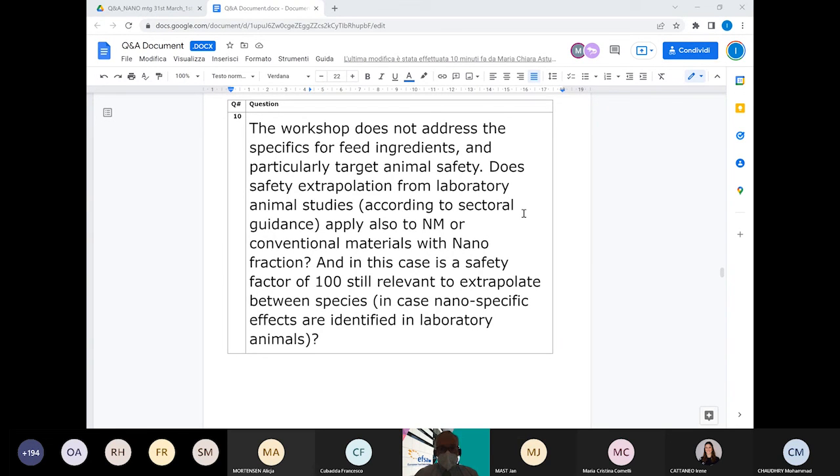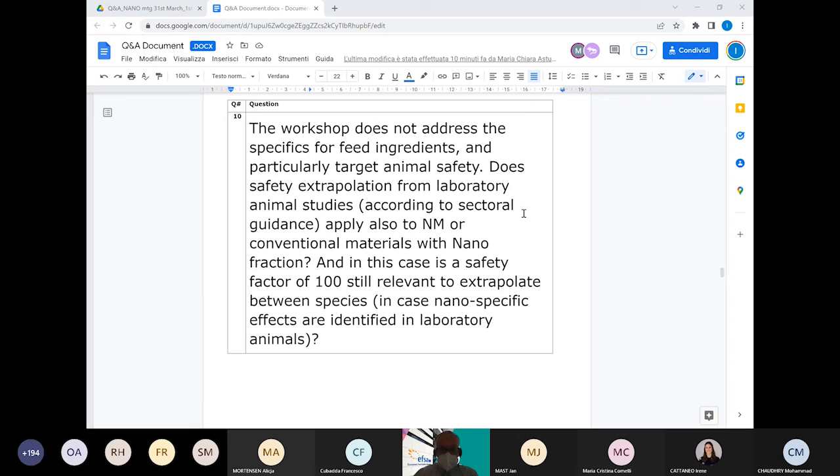In the characterization of the residues in the animals that have been fed with the additive, it is important to check if the residue is as particles or if the residue is dissolved ions or molecules.